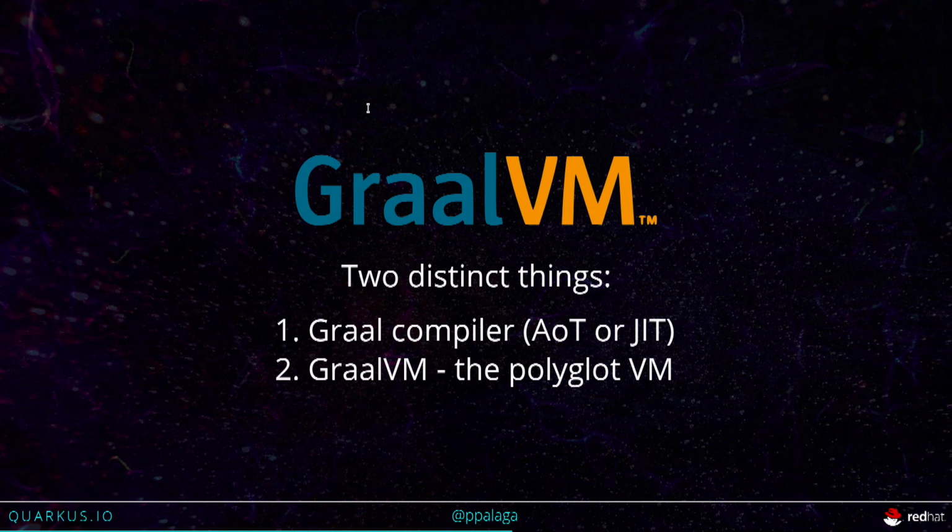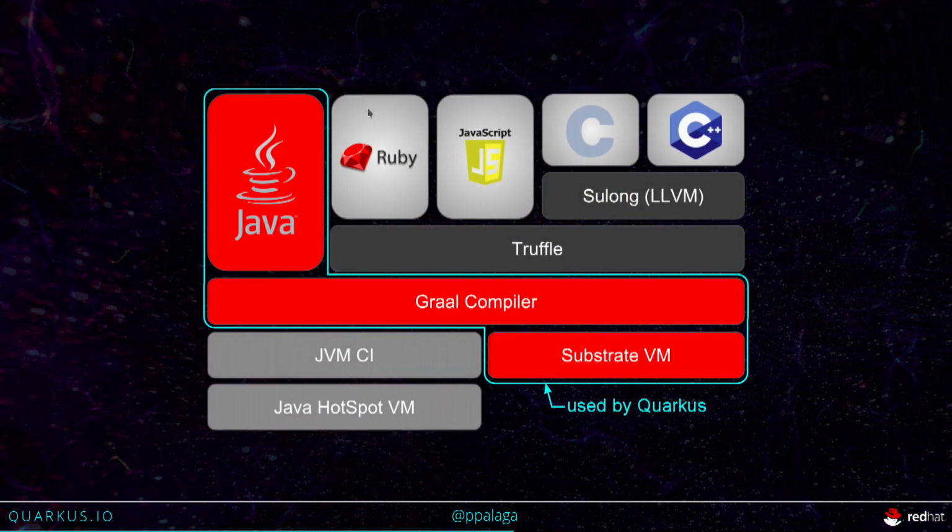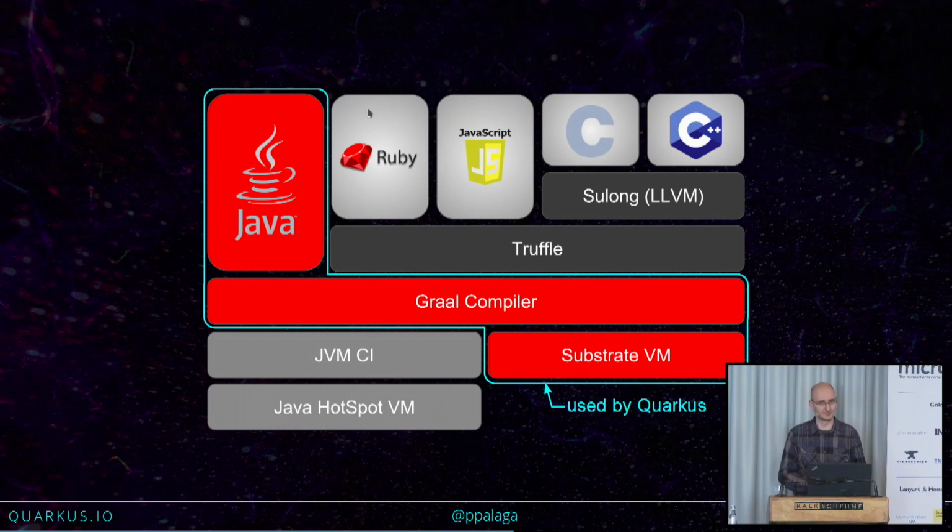First, it may be the Graal compiler that can work in two modes, either ahead of time or as a traditional JIT compiler inside a JVM, or it can be GraalVM, an umbrella for a number of smaller projects, such as the Graal compiler itself, and Substrate VM and some others.